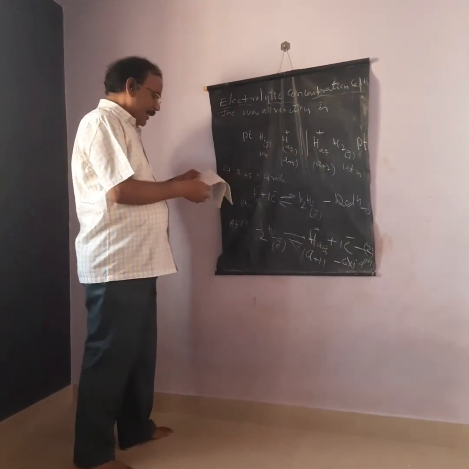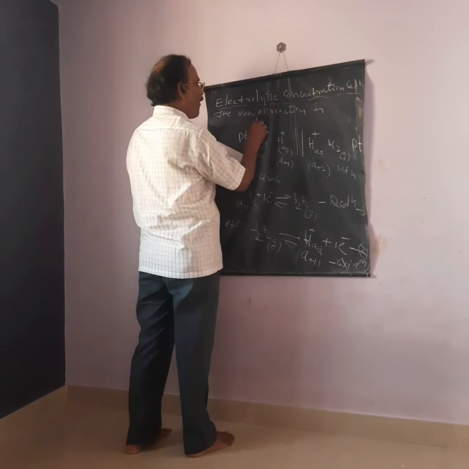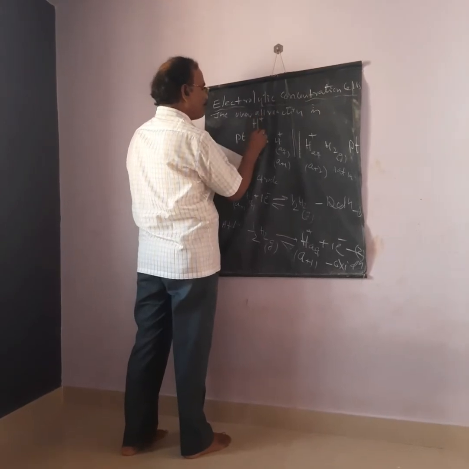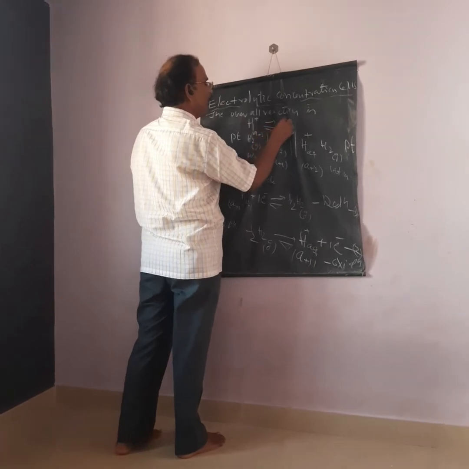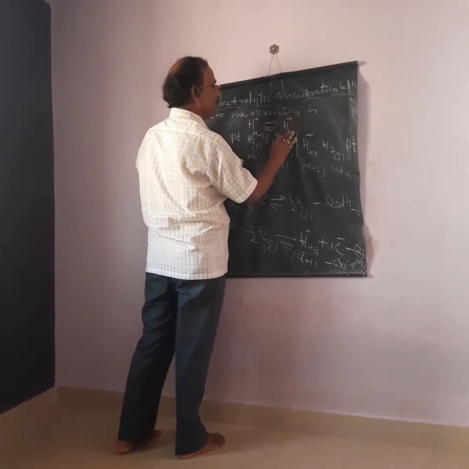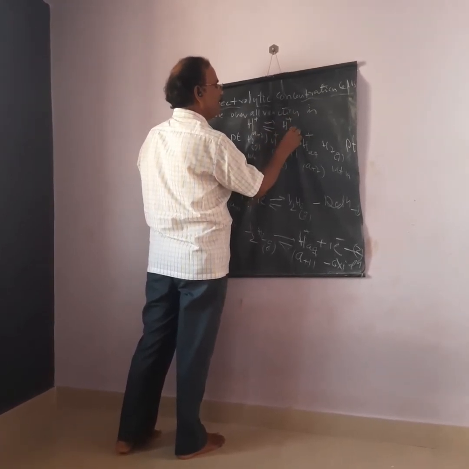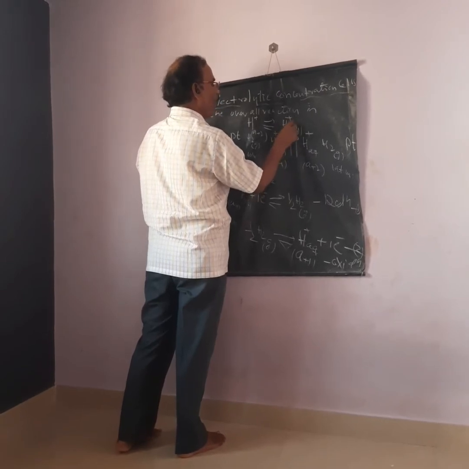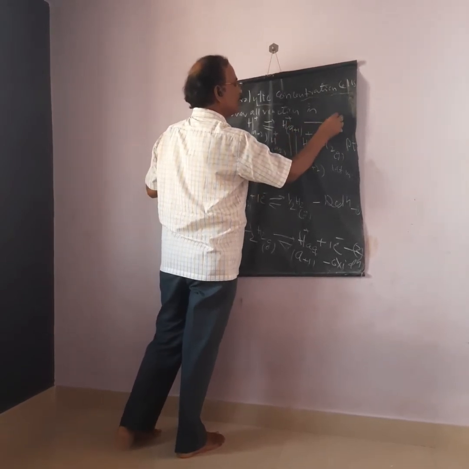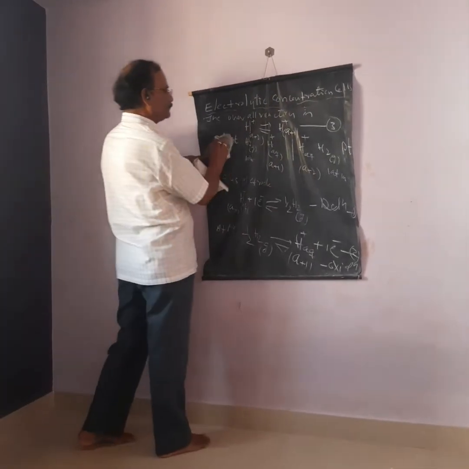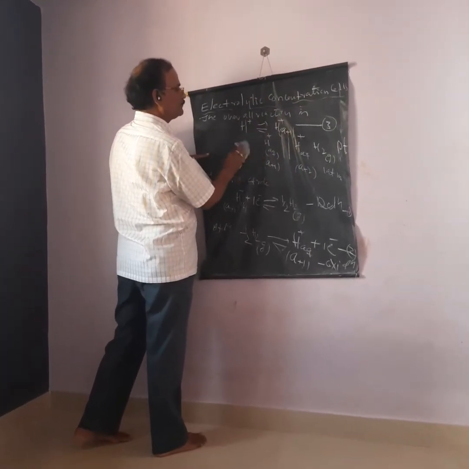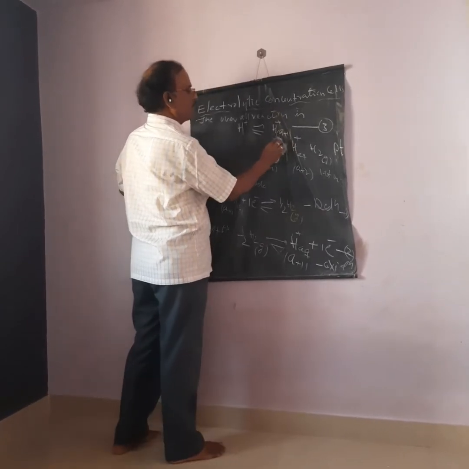That is, H plus at the activity A plus 2 gives rise to H plus at the activity A plus 1. Say equation number 3. So overall reaction, cell reaction.